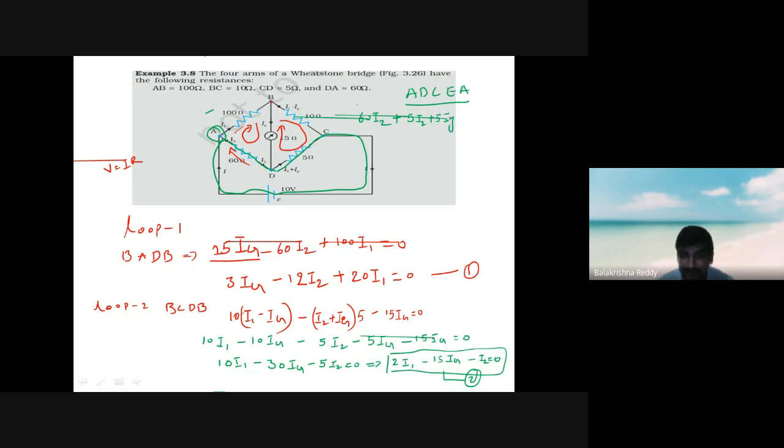Can I? Yes, sir. Next, after that, I have the direct voltage. In which direction is the voltage acting? The voltage is obviously opposite. According to Kirchhoff's voltage law, the sum of the products of current and resistance in the loop is equal to the total EMF supplied in the loop.